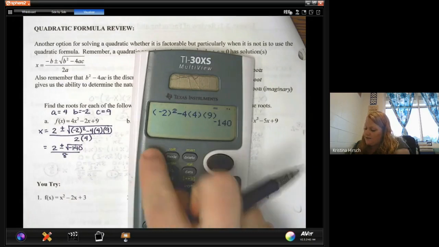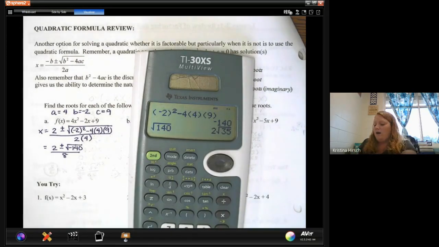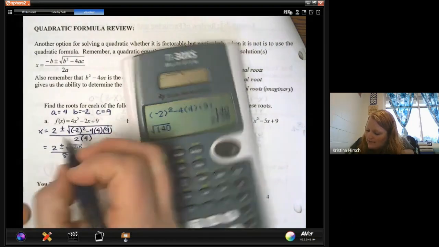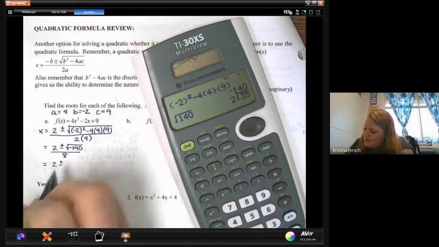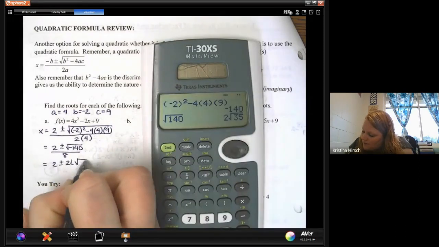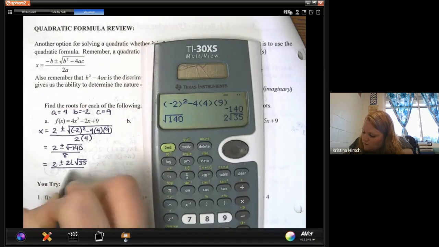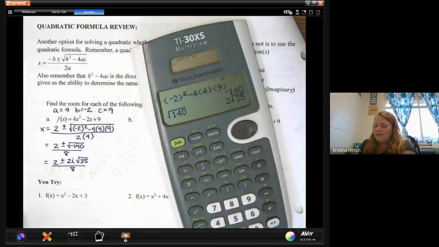So I can find the square root of +140, which is 2 square roots of 35. But because it started out negative, I have to remember to pull out an i. All right, so I'm going to rewrite this as 2 plus or minus 2i square roots of 35 over 8. And then the last thing that I'm going to do is simplify.